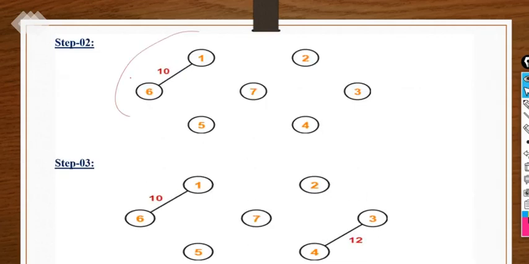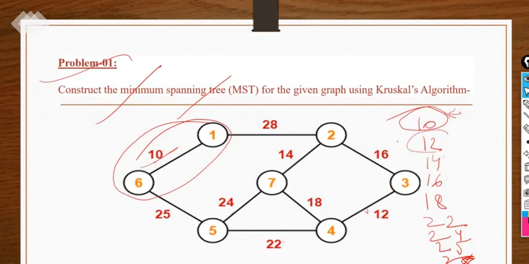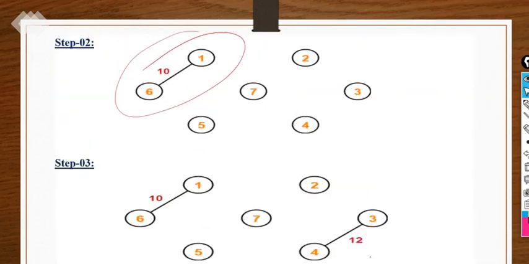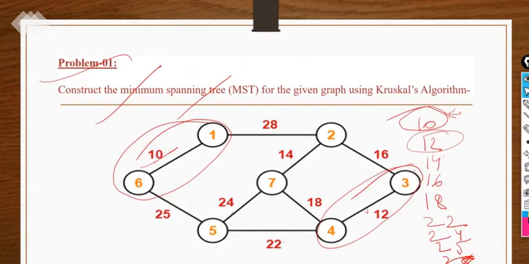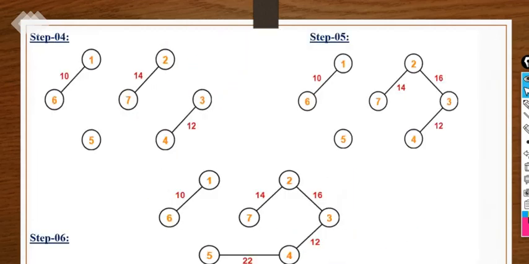Next, edge weight 12: we connect 3 and 4. Next, 14: we connect vertex 2 and 7.